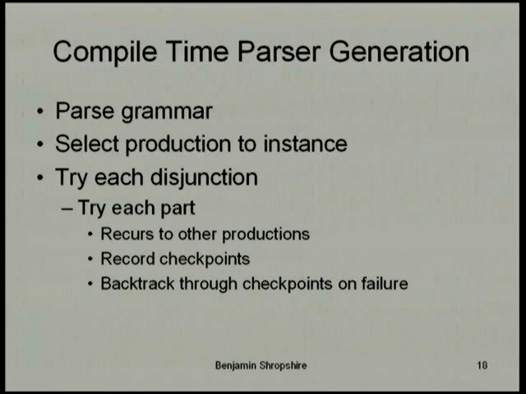I chose a recursive descent because it's fairly easy to implement. You just walk through it. You try each disjunct, and you just walk through that, trying the things, backing up as necessary. Actually, the implementation is very similar to what you do for a runtime evaluation of a dynamically defined grammar.